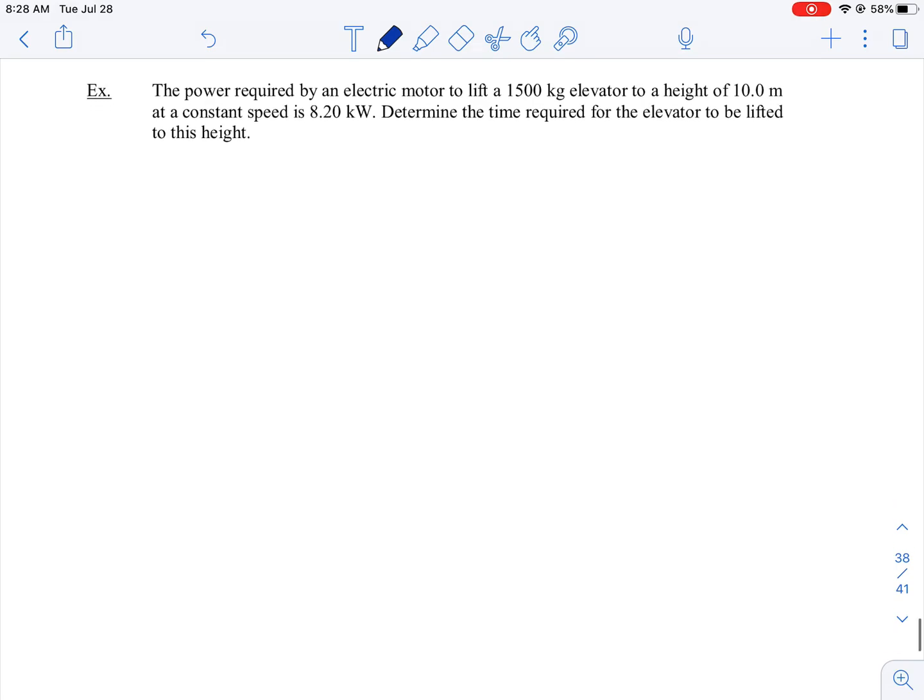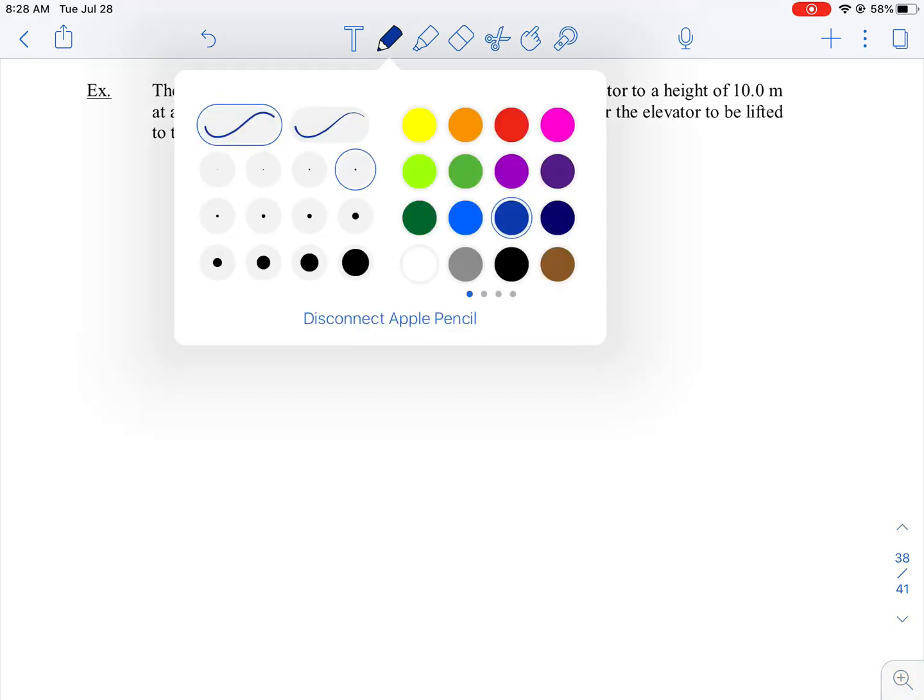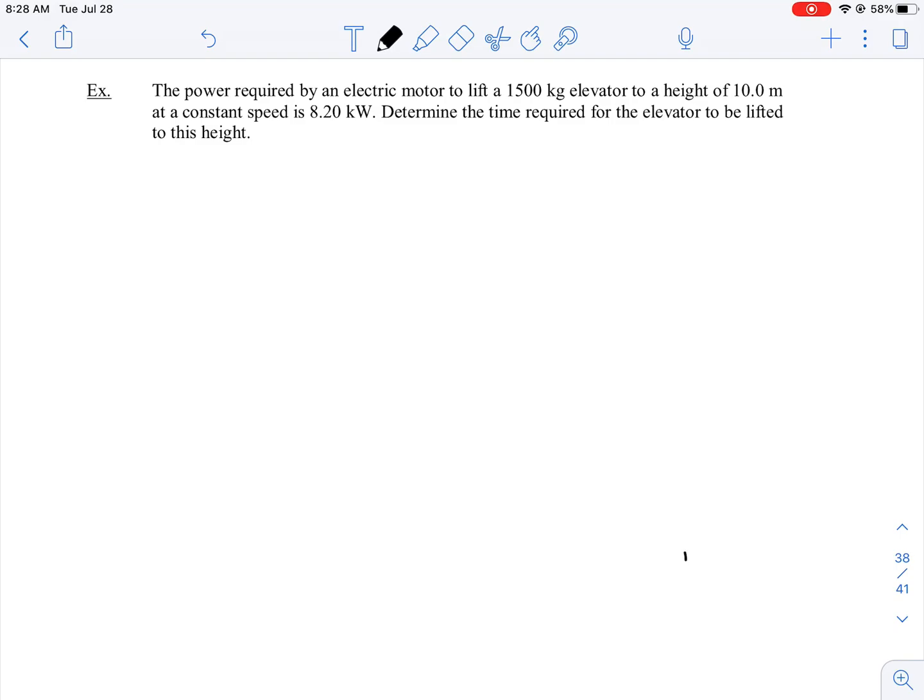So we're going to use an electric motor to lift an elevator. And again, we typically lift elevators at a nice constant speed. That's a nice way to experience an elevator. You don't want to have it jerking up with high accelerations. So let's draw this.